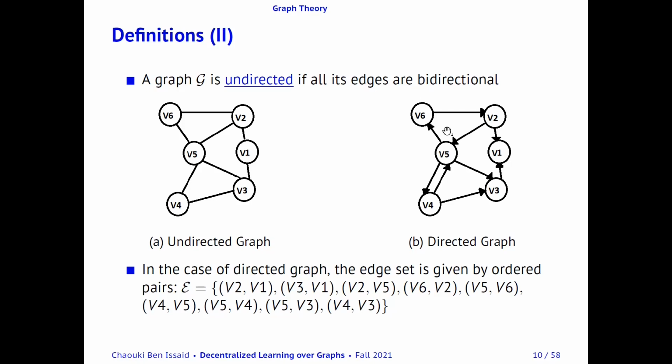And that is why we find the tuple (V6, V2) as part of the edge set. Whereas in the first example A, we have an undirected graph, which means that information can go from V2 to V6 or from V6 to V2.